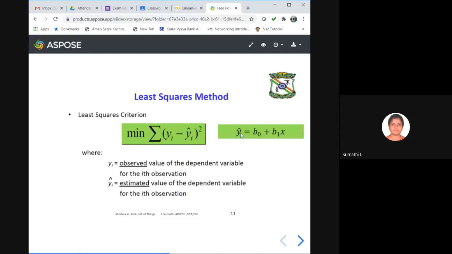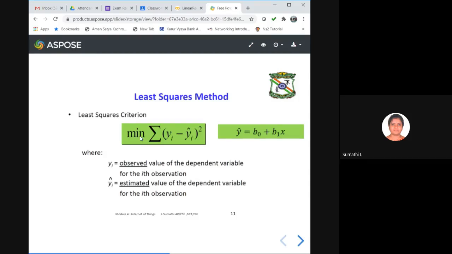See, this is the y term, the estimated value. This b naught and b1 I have calculated, and this is your input value. From this you find the estimated value, but this yi is your actual value. So you find the difference and you square it. Why you square is a reason I'm not going into depth on; as of now, you understand that for better clarity you just square it.